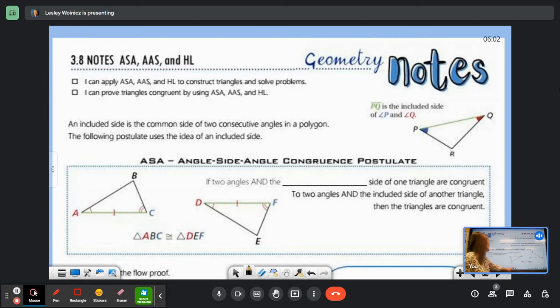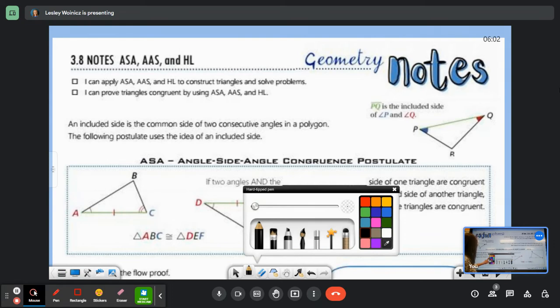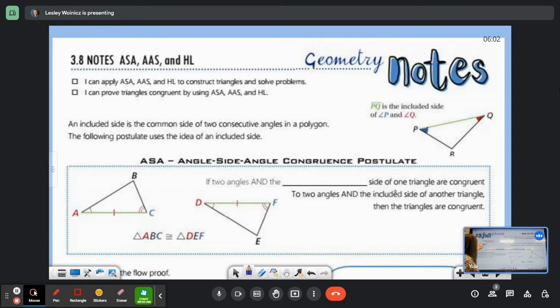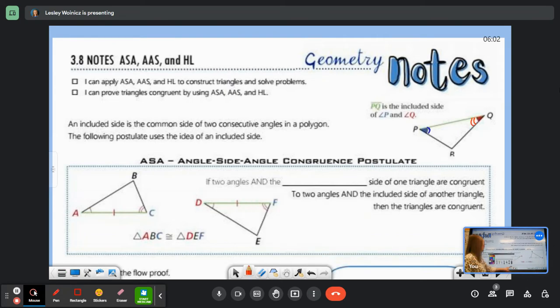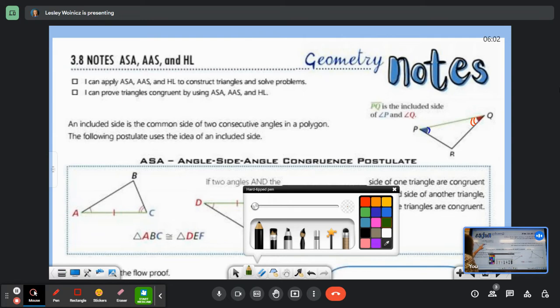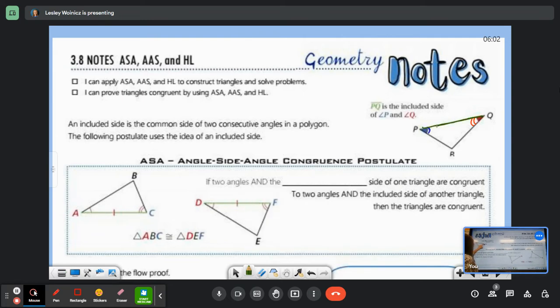Okay, so here we have our little angle P. And then we have our little angle Q. And their included side is just this side PQ that is in between those angles.